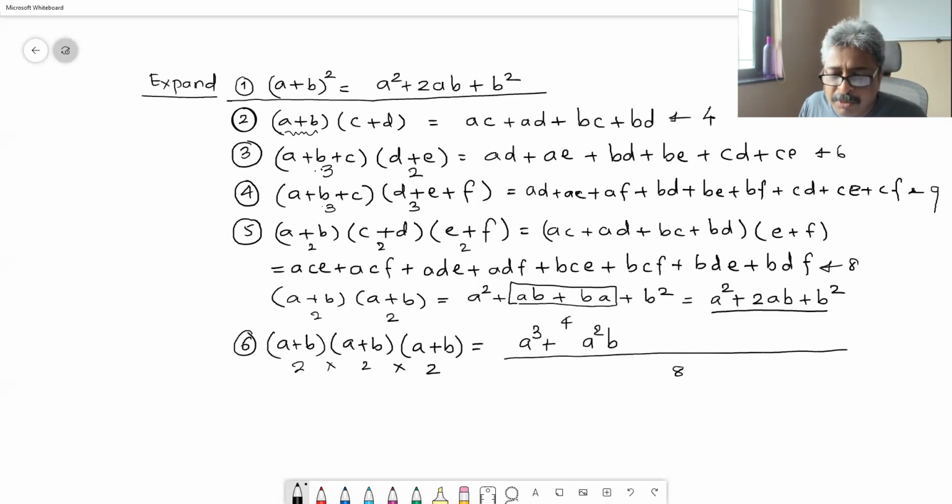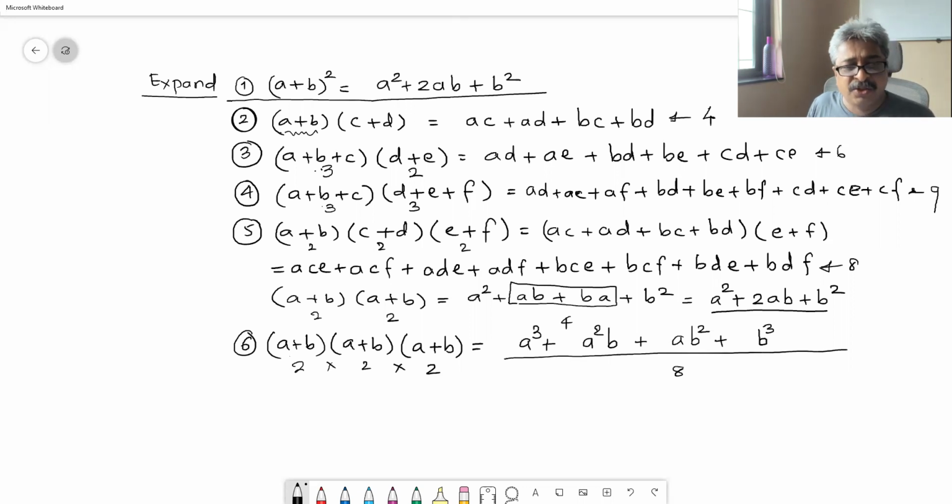Now, when I am writing a square b, I am selecting 2 brackets out of 3 from where I choose a, and from the remaining bracket I choose b. Then there could be one more term, ab square. This is another distinct looking term, and maybe we have one more distinct looking term, which is b cube. We cannot imagine any other term which is distinct looking. Now, a cube can be generated by choosing a from each bracket.